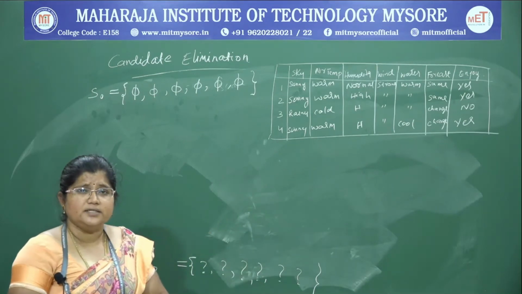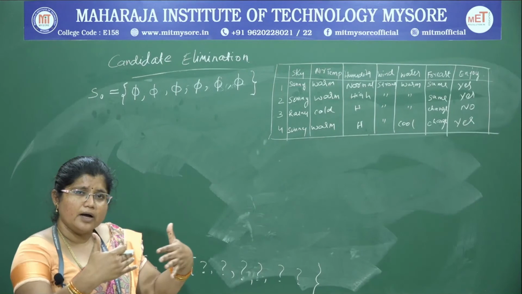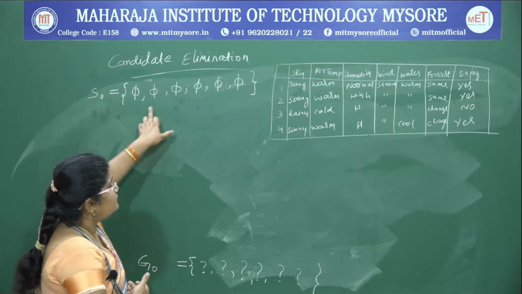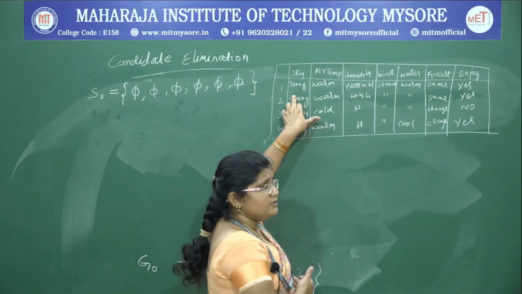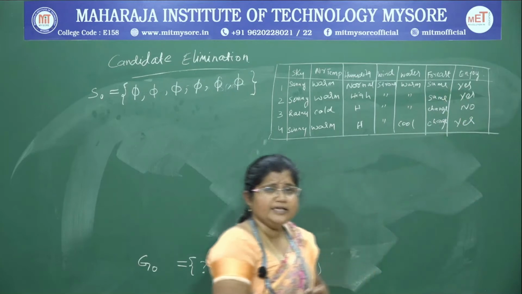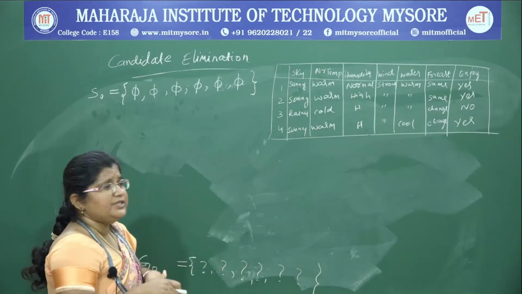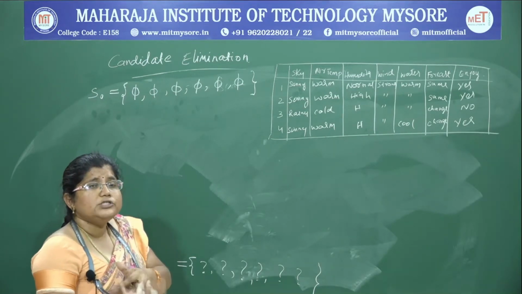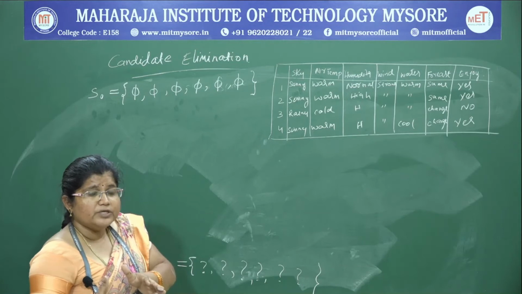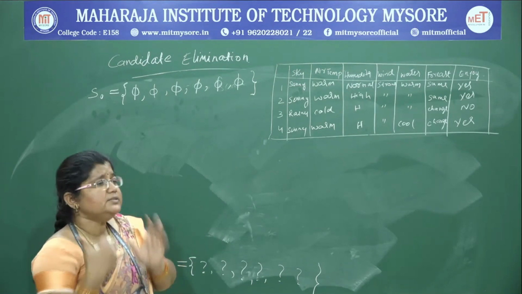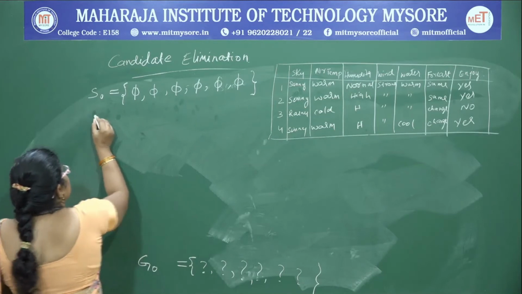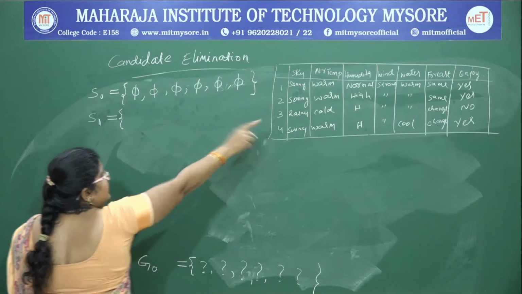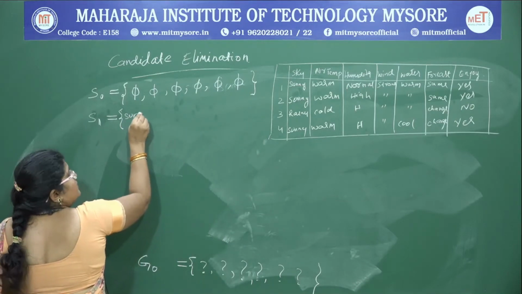We replace all the phi values with the attribute values of the first training example. So S0 will be replaced by another hypothesis, S1, containing the attribute values of the first training example.